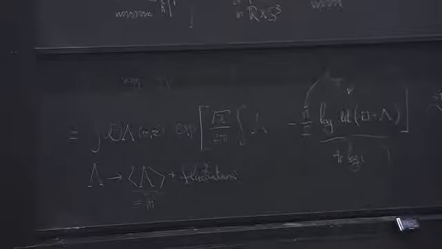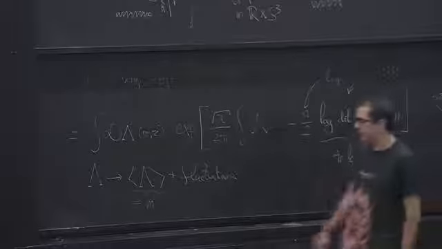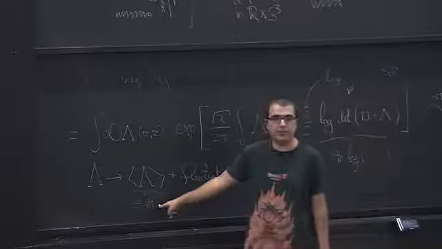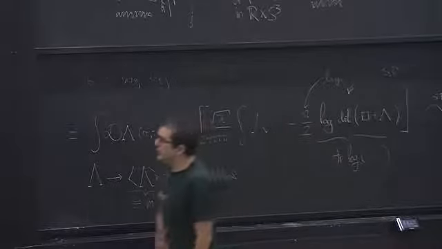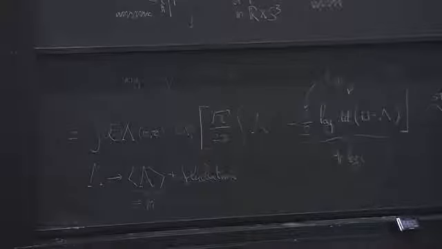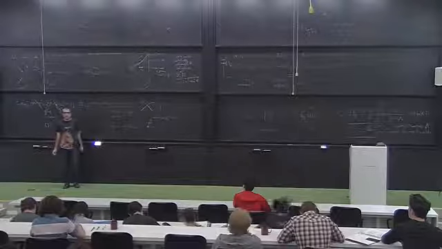Yeah, this should be an m squared. There should be an a squared here, actually, and here an a squared, so that the units are right. Let's call this VEV m squared. Okay? Then, what we are concluding is that this thing here will acquire a vacuum expectation value equal to m squared, plus small fluctuations.